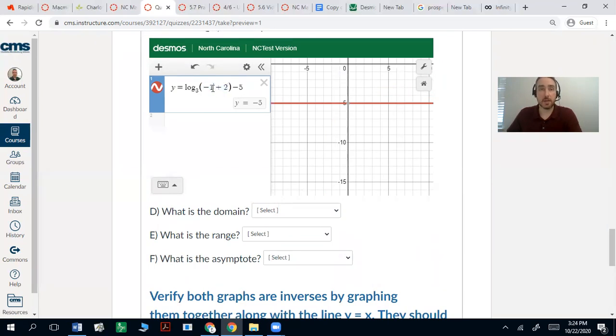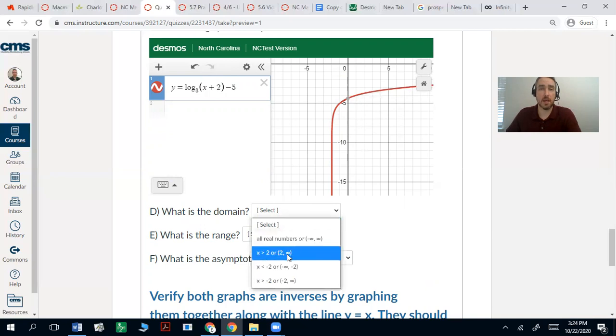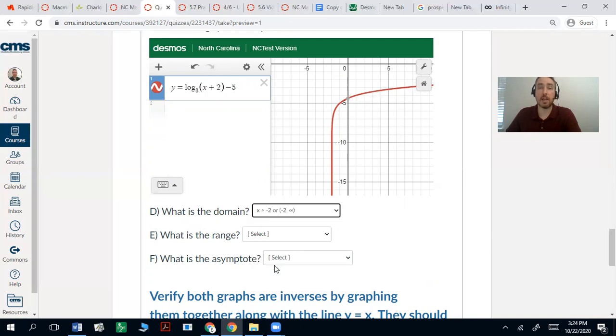So that gives me a number I can use. So in general, I'm allowed to plug in anything greater than -2, but I cannot plug in -2 itself. So you say x is greater than -2, or -2 to infinity.